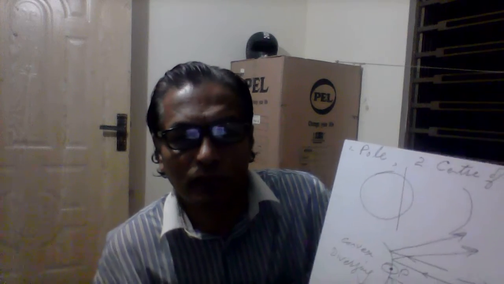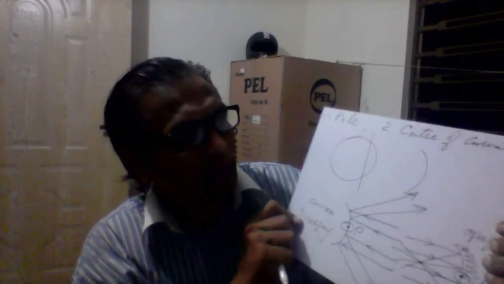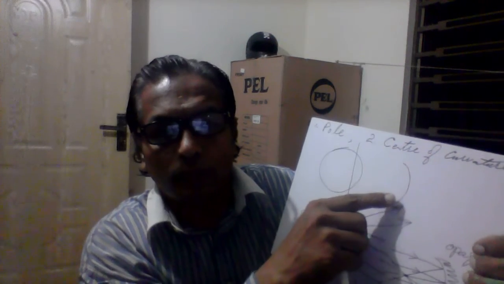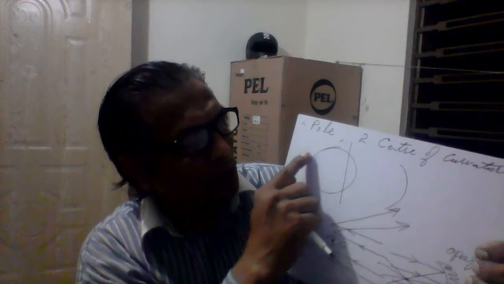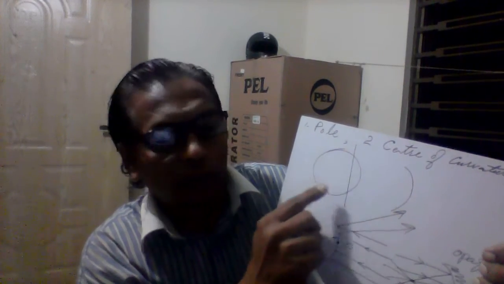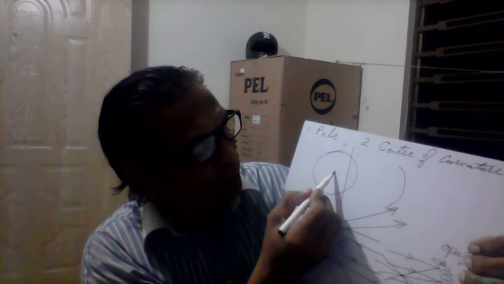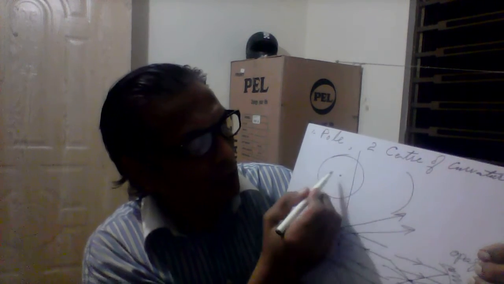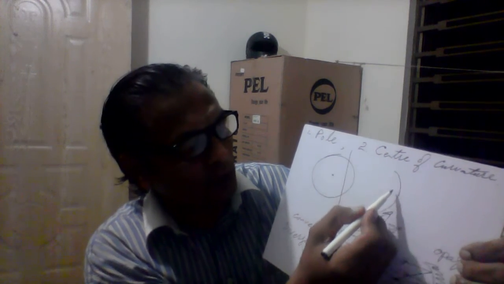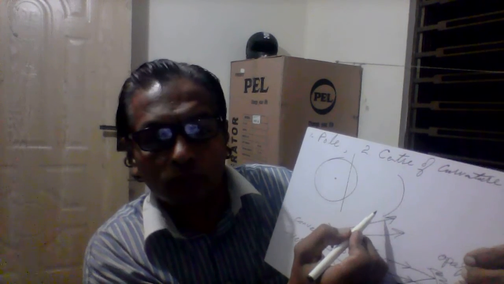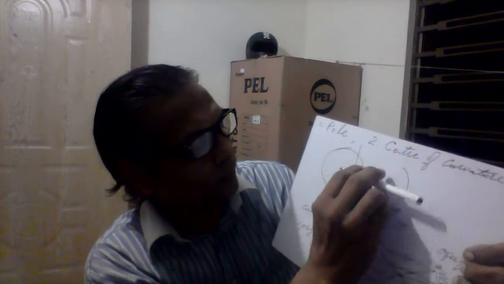What is center of curvature? Again we will come towards the definition of spherical mirror. This spherical mirror is part of a hollow sphere, and the center of that hollow sphere is now called center of curvature for this spherical mirror.